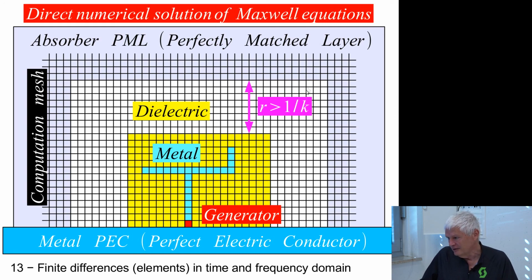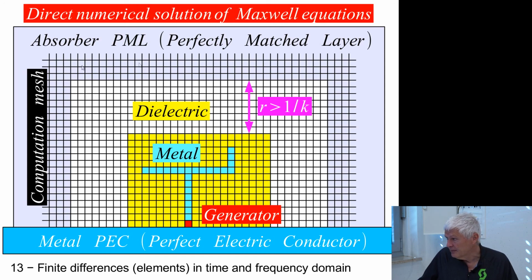How is this thing solved? We have free space in this white space here. We may close this free space if you have some large metal structure with a perfect electric conductor, and this is something HFSS is using. But outside we also have radio waves propagating in free space. So at a sufficient distance, when we get into the radiative field, not in the reactive near field, but into the radiated field, maybe radiated near field or also far field, when we get a sufficient distance, we can put absorber.